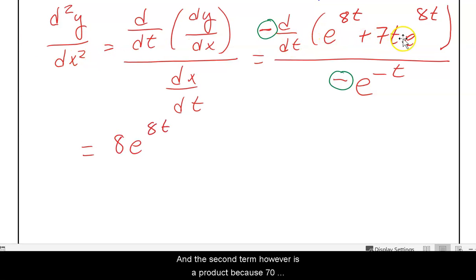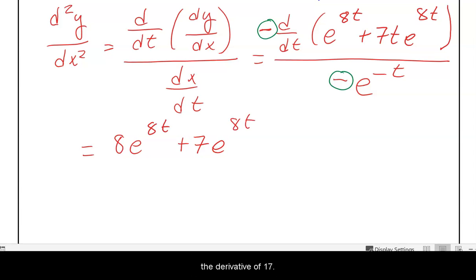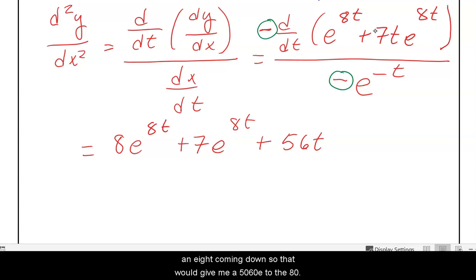And the second term, however, is a product because 7t depends on t and e to the 8t depends on t. So we need product rule. So the first term would be 7e to the 8t when I take the derivative of 7t. And then the second term, chain rule would give me an 8 coming down. So that would give me a 56t e to the 8t.